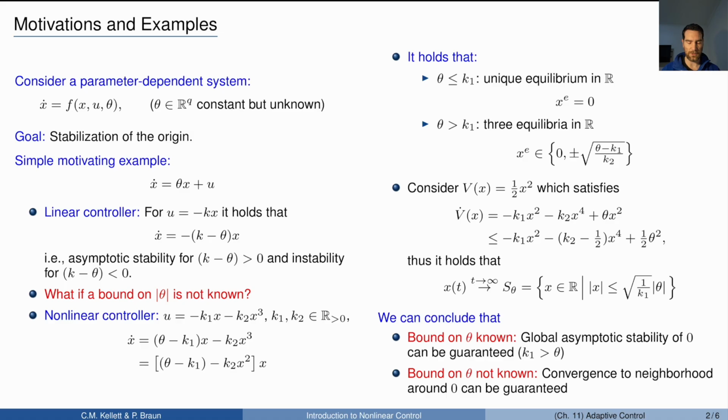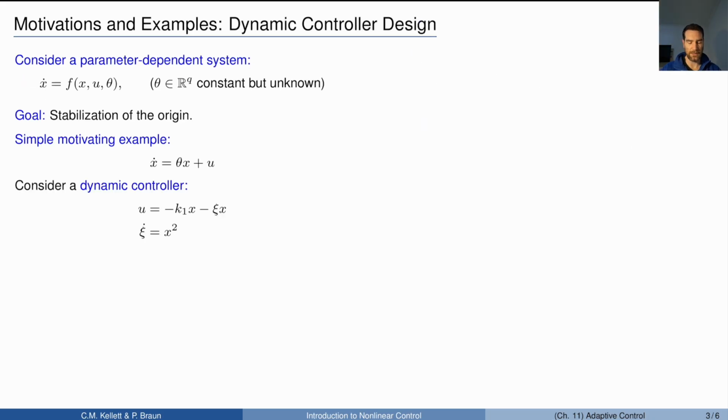But both of these approaches would not guarantee asymptotic stability of the origin if we really don't know a bound on theta, so we need to come up with a different approach. And another extension, which we haven't discussed yet, would be the use of a dynamic controller.